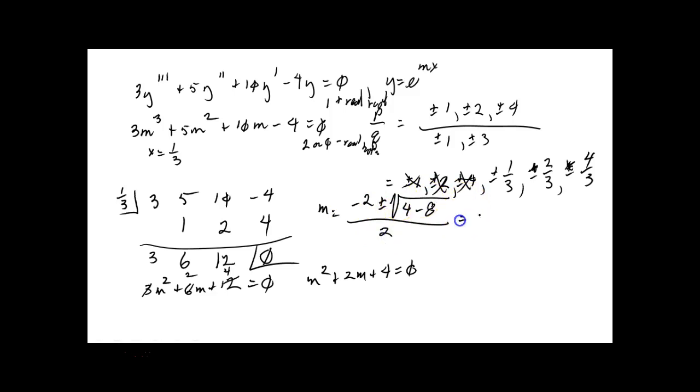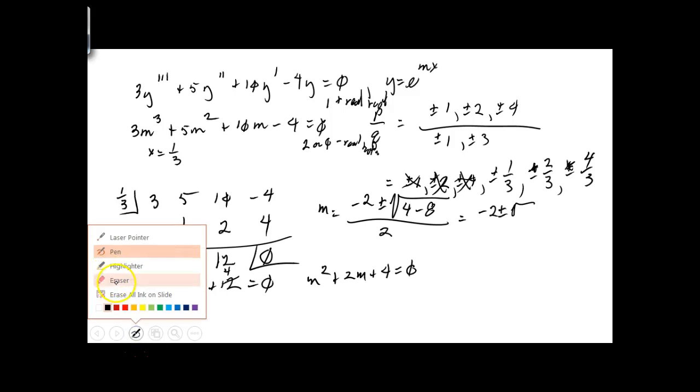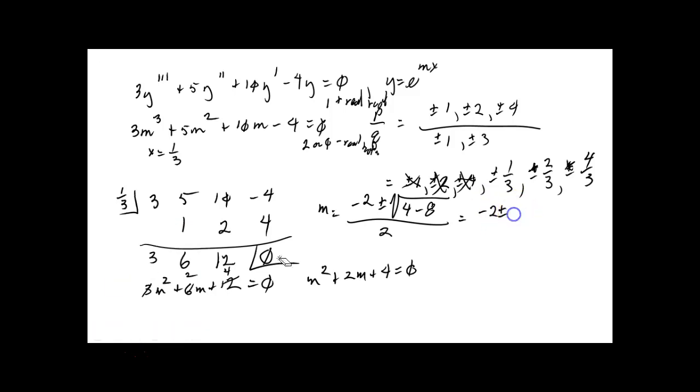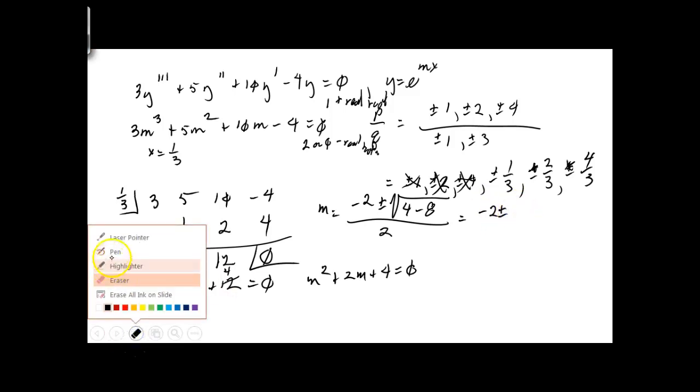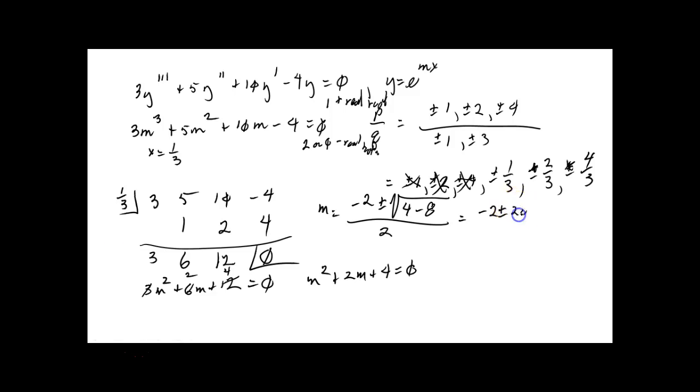Which would be -2 plus or minus square root of what? 2. Okay, went on and did it. Good. Plus or minus 2i over 2, which is -1 plus or minus i.